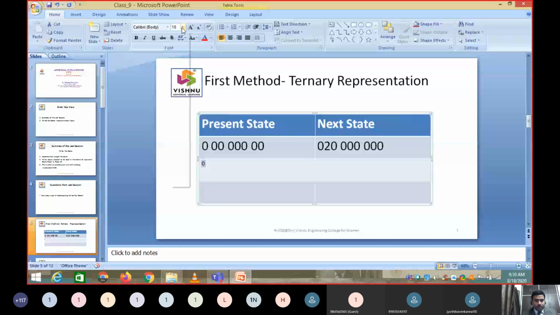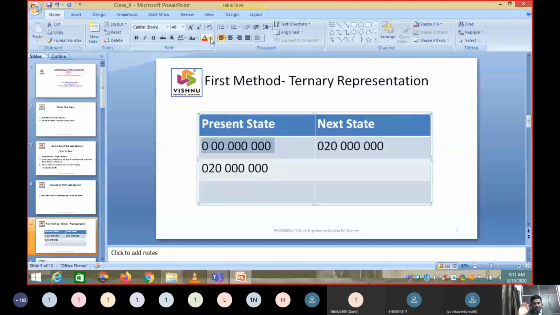It will take some time to understand this. See, this is what your earlier state was. This is the first state. Assume this is the first state, and this is the second state. What can be the next state? 2 has played the game.